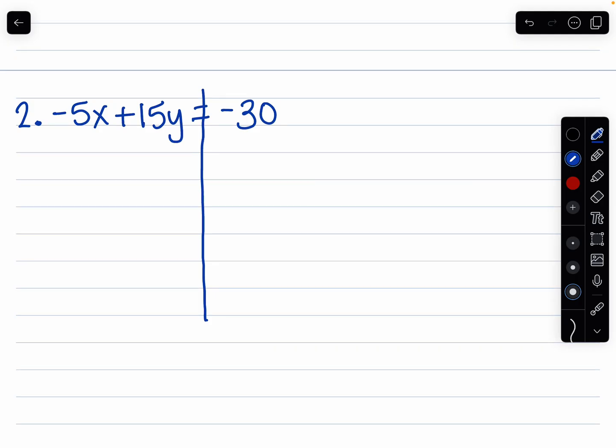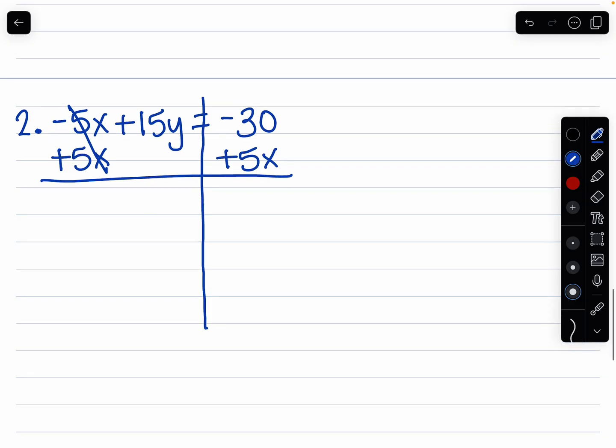I want to move x first, so how can I get negative 5x over on the right side? Add 5x. Can we actually add 5x to negative 30? So negative 5x and positive 5x do cancel out. We get 15y is equal to what? 5x minus 30. I write whatever has x first, whatever doesn't second.